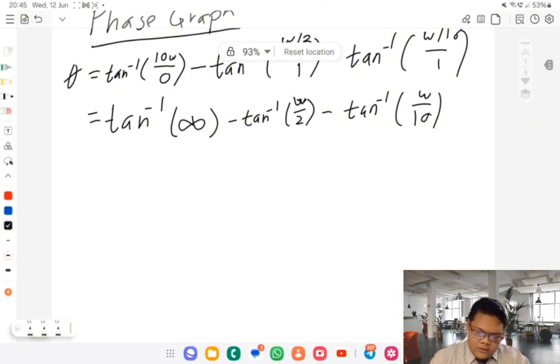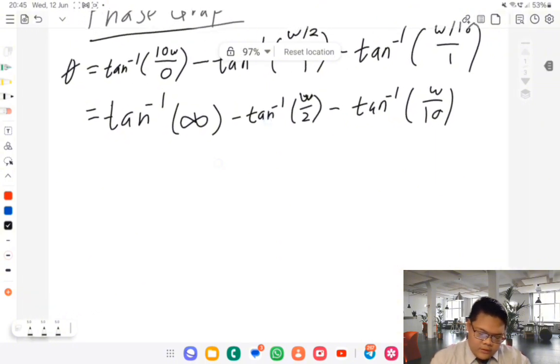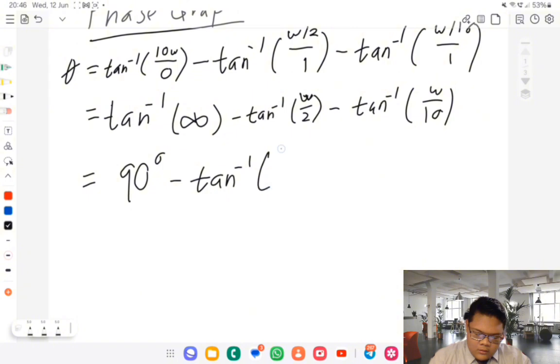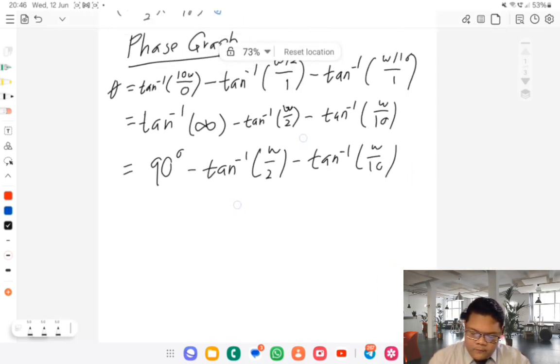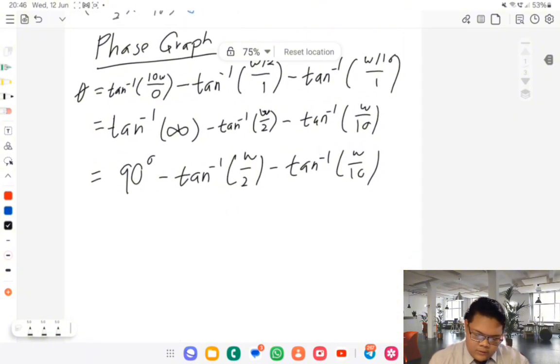Okay, here is the second step of the equation. For the last step, arctangent of infinity is equal to 90 degrees, and after that we just copy the next equation, which is arctangent of omega over 2 minus arctangent of omega over 10. So here is the equation for our phase graph.